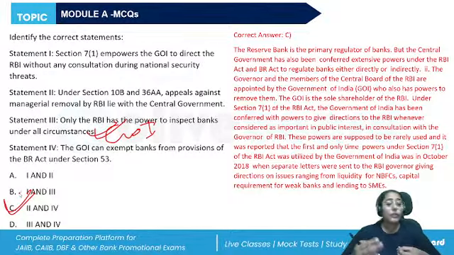If the inspection is carried out on the order of the government, one copy of the report will also be sent to the government mandatorily. Then the government can decide whether they want to prohibit the bank from taking any further deposits. So statement 3 is also incorrect because the government can also conduct inspections. Correct answer will become 2 and 4. Okay.